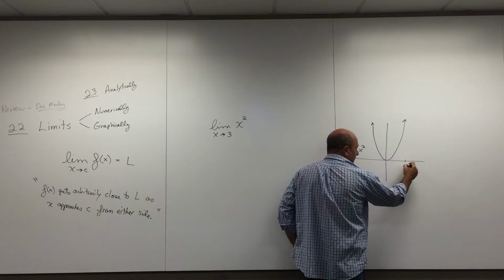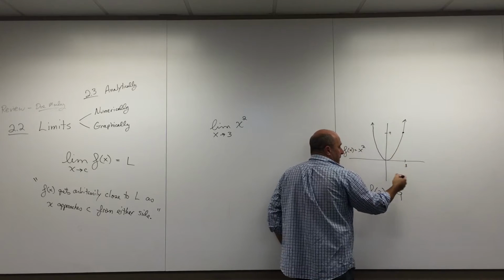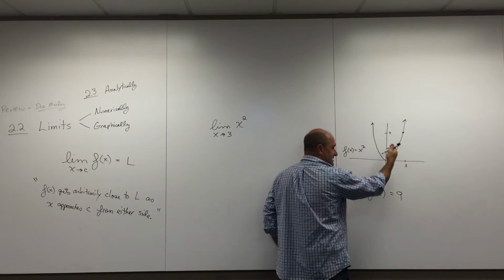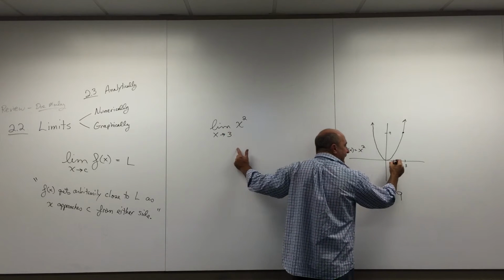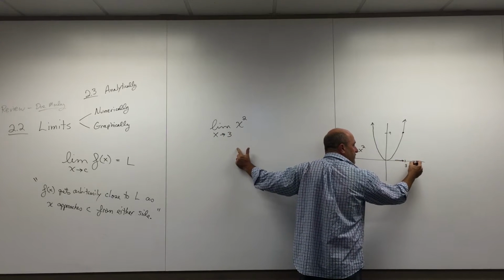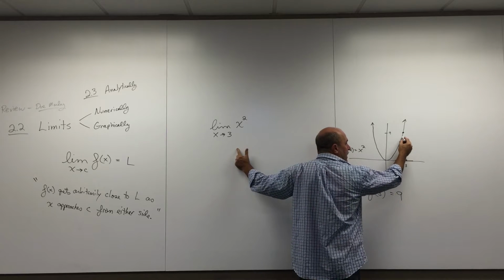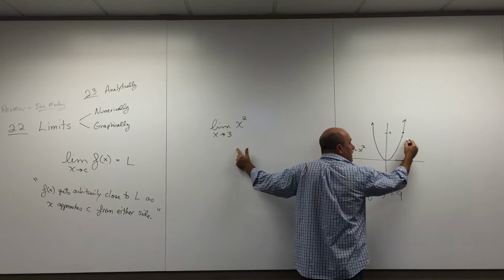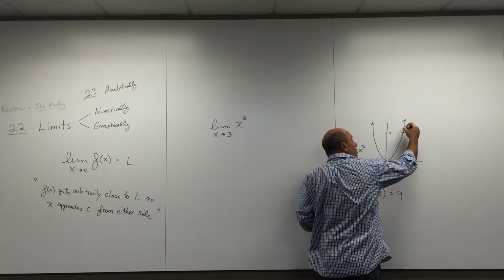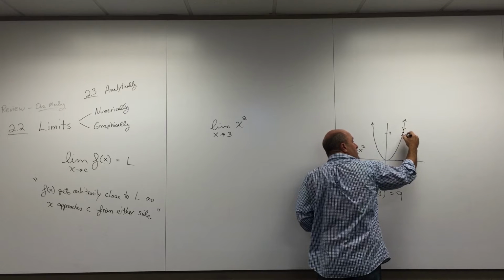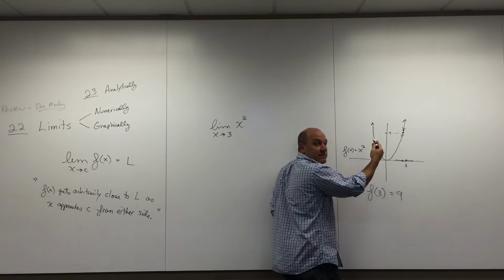When x is 3, it does hit that point 9. We know that, and that illustrates this question. But to illustrate the other question, as x gets close to 3 from either side, like at 2.9, what is it? At 3.1, what is it? As x gets closer and closer to 3, the function is moving in and getting closer and closer to that y value.